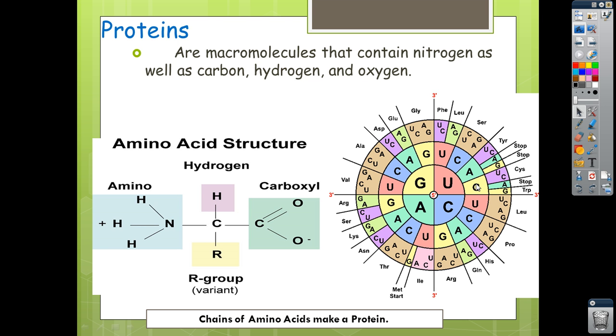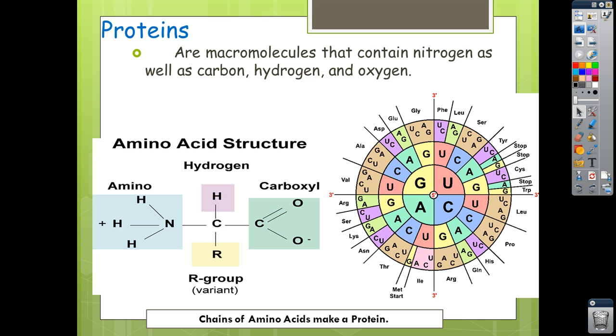So we're using these nucleic acids to eventually make these amino acids listed on the outside of this wheel. It's very important to understand how to read this wheel. You read this wheel basically from the inside out. And you basically follow, as we did in class, from the inside out.